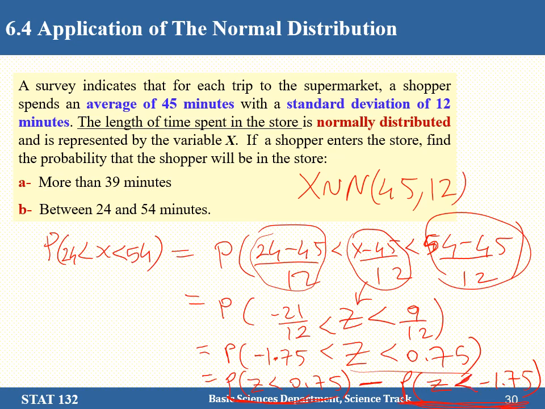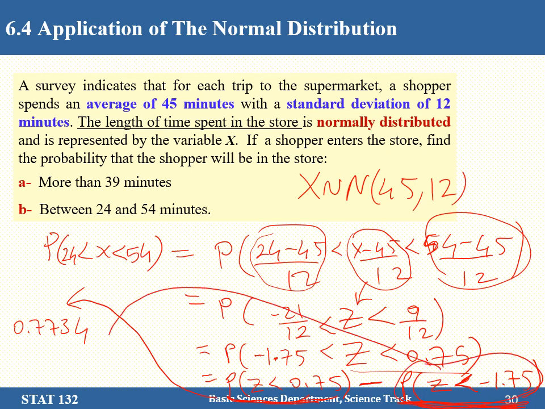For the first one we get 0.7734 from the table, and for the second one, minus, because I'm subtracting it, 0.0401.